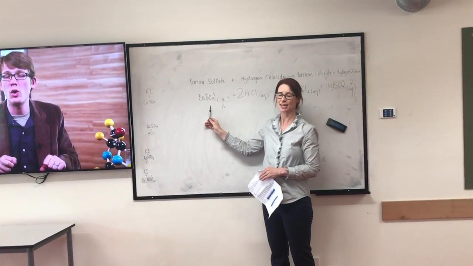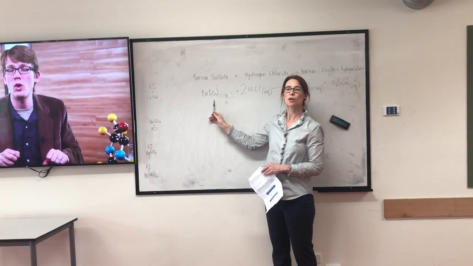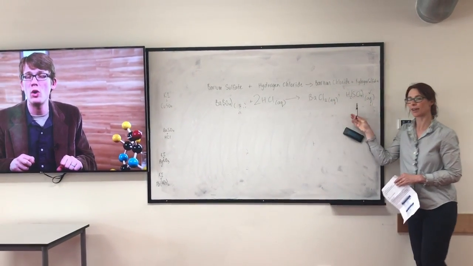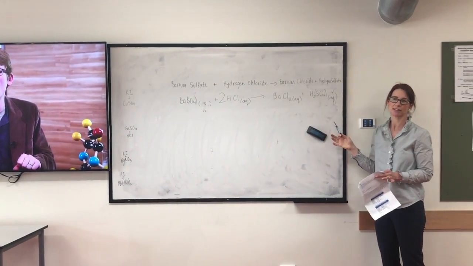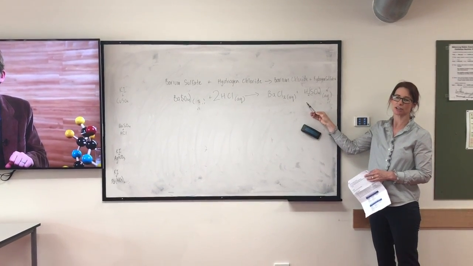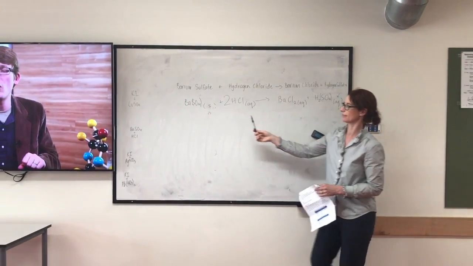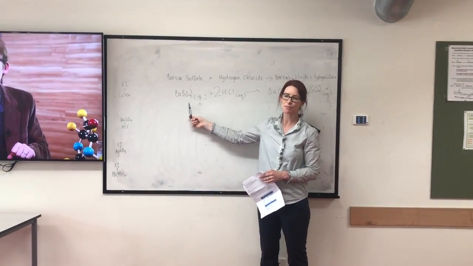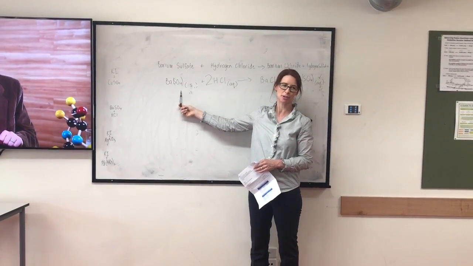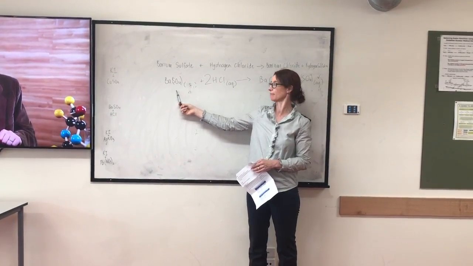Agree? Yes. What you were seeing in your reaction is that you thought you got a precipitate, but you didn't. It was coming from the original one which wasn't fully soluble.